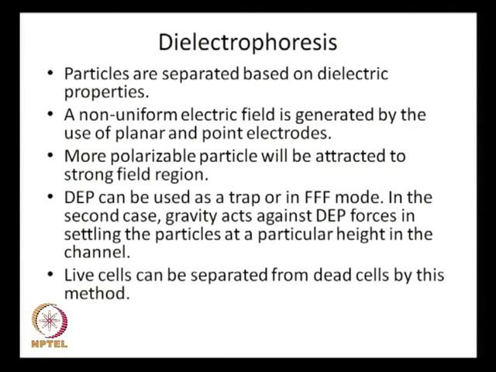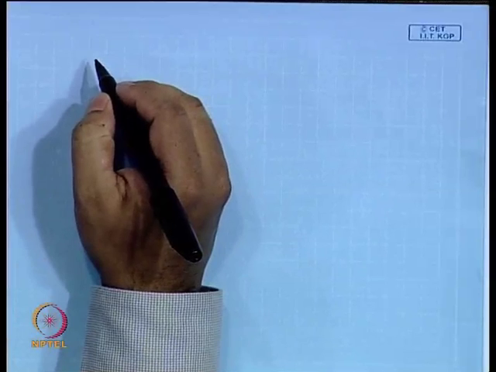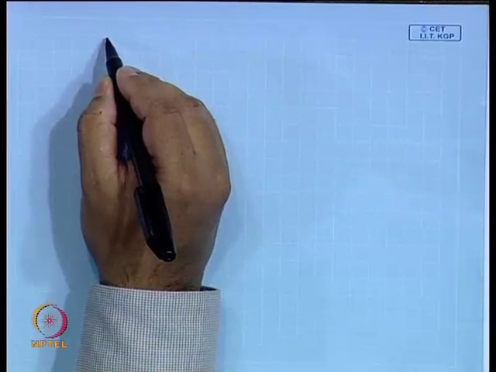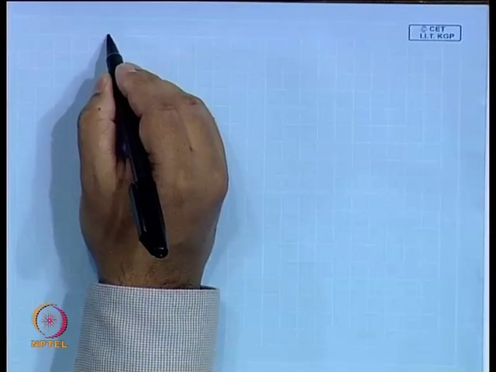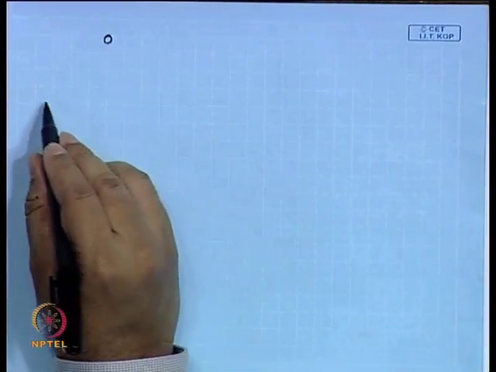For these, a non-uniform electric field is to be generated by the use of planar and point electrode. What that means is, you need to have a non-uniform electric field, and that can be generated by a point and a planar electrode.